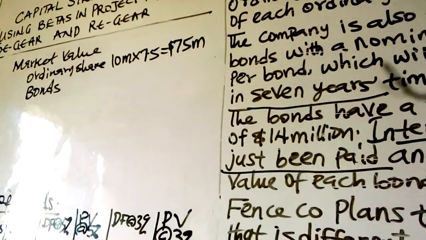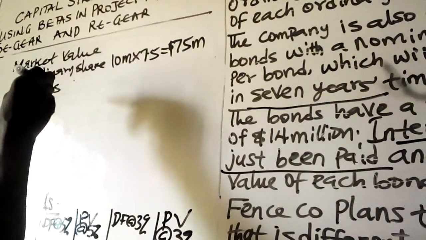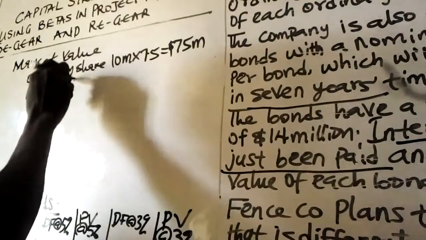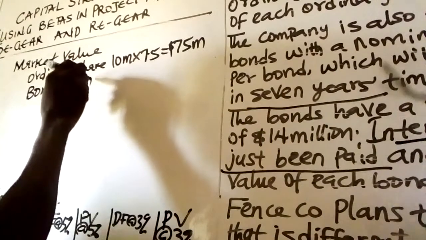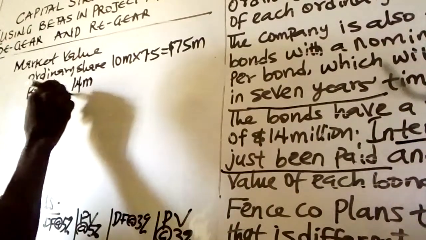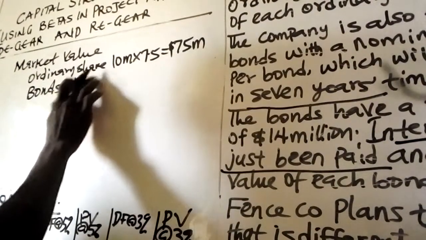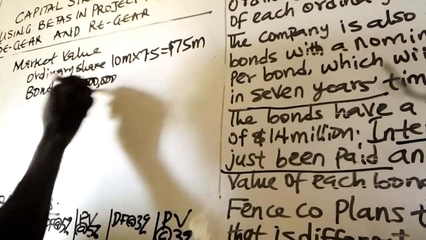So what will be the market value now? The nominal value has been given, and bonds are always denominated in hundreds. So the nominal value divided by 100.